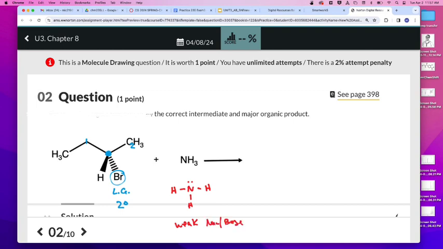To get SN2 or E2, you need a strong nucleophile or base. Since this is weak, it's not SN2 or E2. So we could eliminate those from our choices. We'd now be stuck in this gray area between SN1 or E1. And how would we go through and decide? That decision is ultimately going to come down to the framing of the question. If it's multiple choice, look at your answer choices. What do you hope to see in your answer choices?